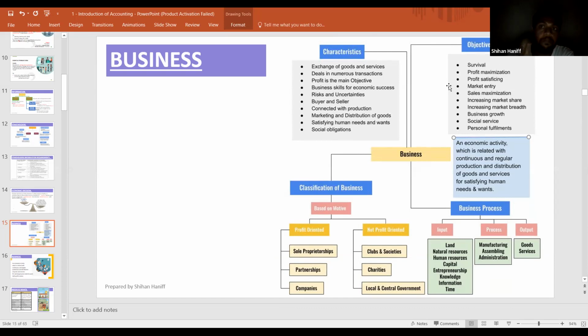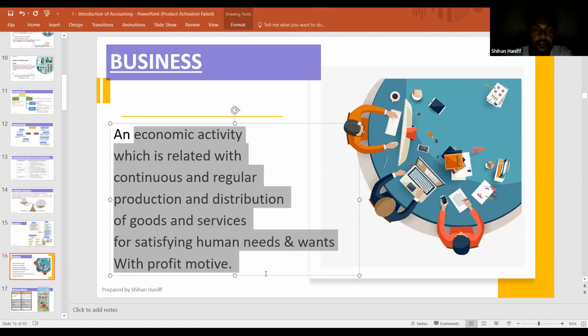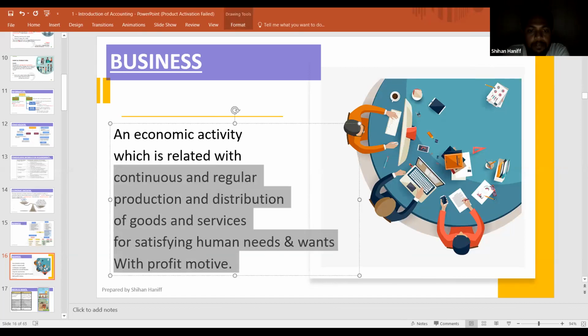So there are different objectives for business. Okay, so as I said, this is the definition: economic activity which is related with continuous and regular production and distribution of goods and services to satisfy human needs and wants with profit motive.